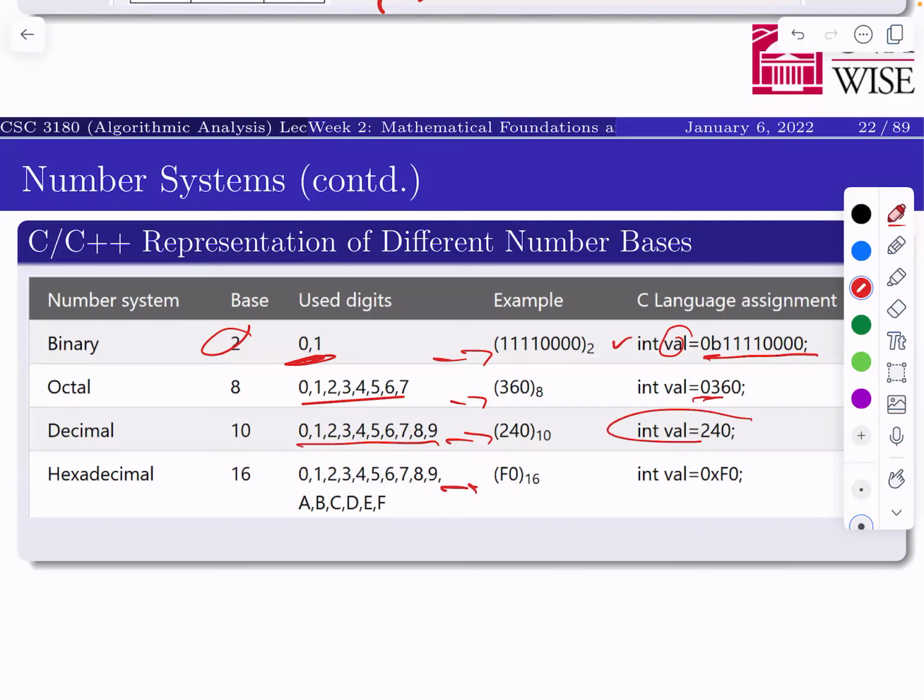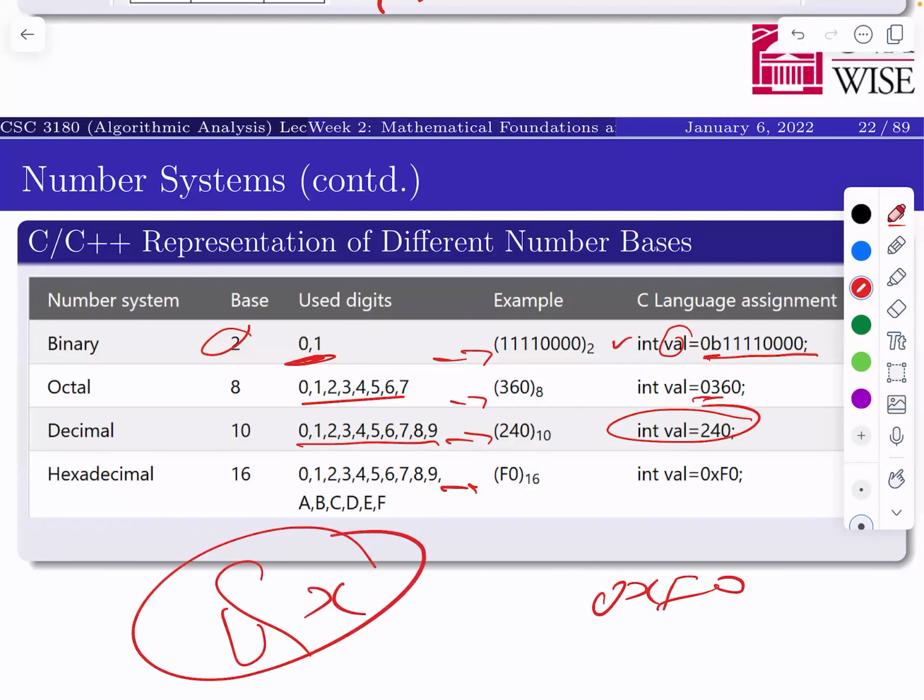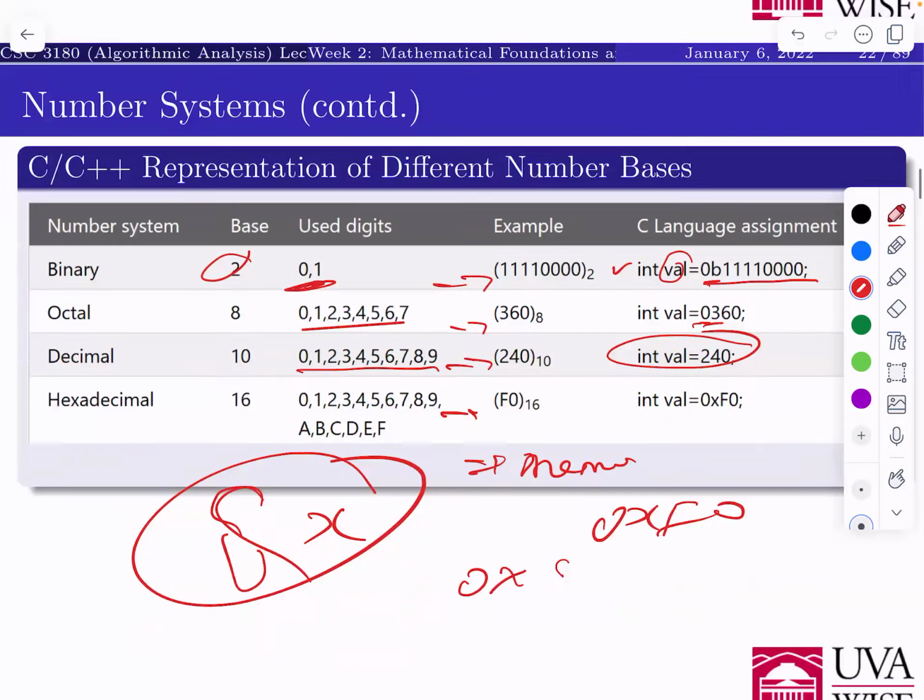But integer is straightforward. And of course, you know by now that hexadecimal is what? 0x. If you print out a pointer, if you prefix that with a number, that will give you a memory address of that number, which is always in hexadecimal. It's always in hexadecimal. Okay.